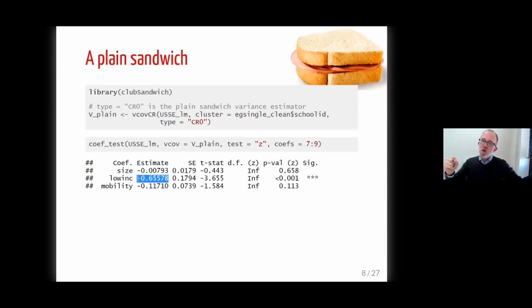So comparing schools that have either no low income students or all low income students, we'd expect their mathematics performance to differ by about 0.66 standard deviations. The other coefficients are associated as you'd expect, but they're not statistically distinct from 0 in this specification.